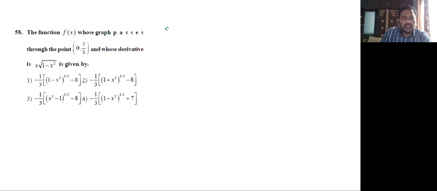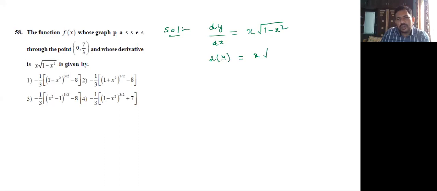So here the derivative of the function is given, meaning dy by dx, where y is equal to f of x, that is the curve. dy by dx is equal to x into under root 1 minus x square. dy is equal to x into under root 1 minus x square dx.